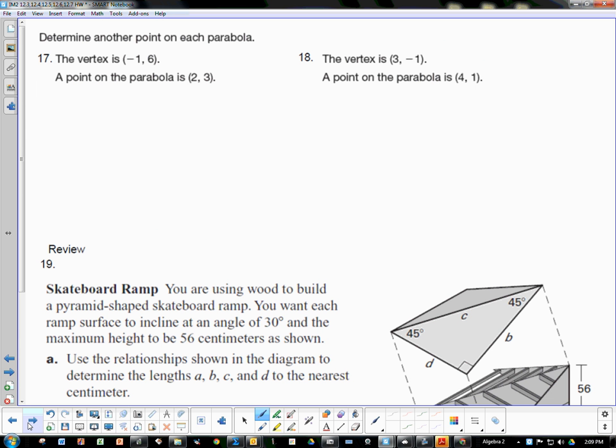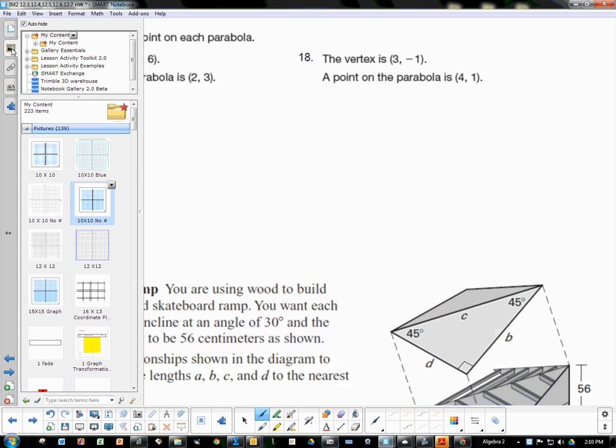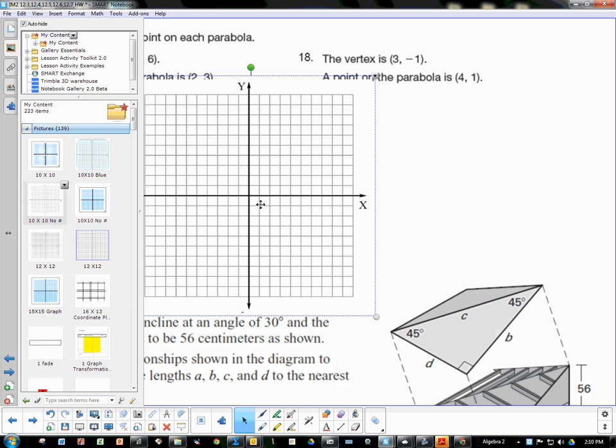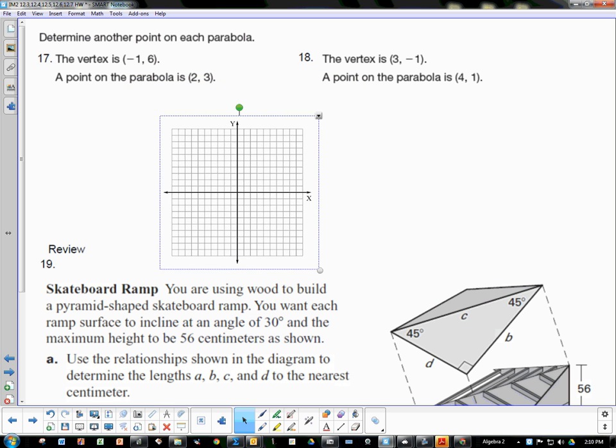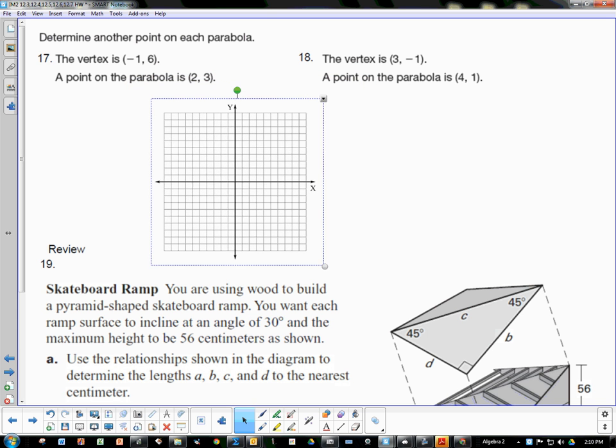Moving ahead, number 17. Number 17 says determine another point on the parabola. Okay, so once again they've given us a point and the vertex. So let's go ahead and grab a graph here. There we go.